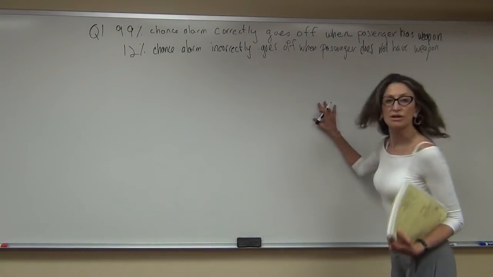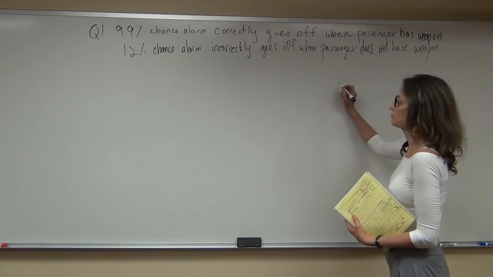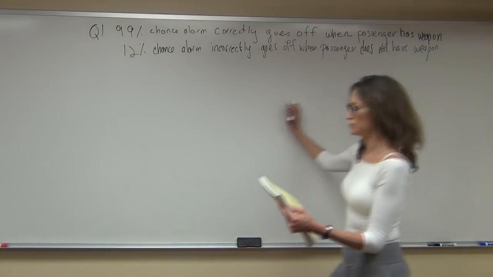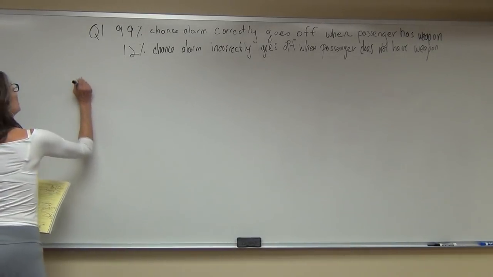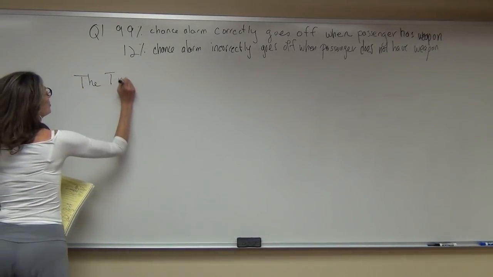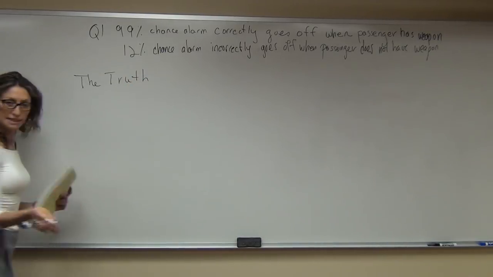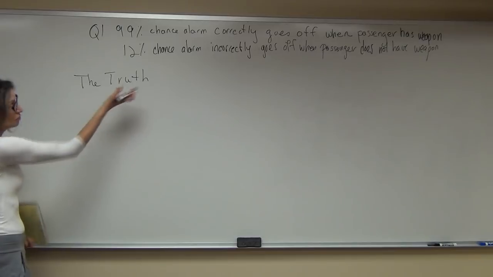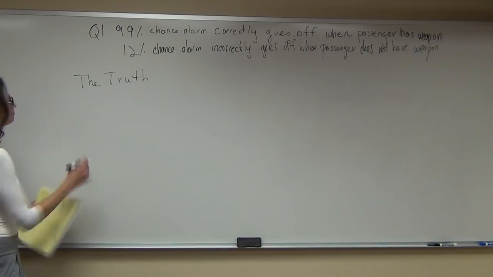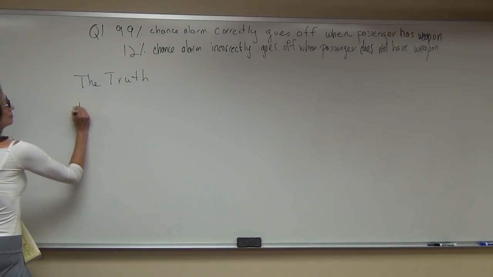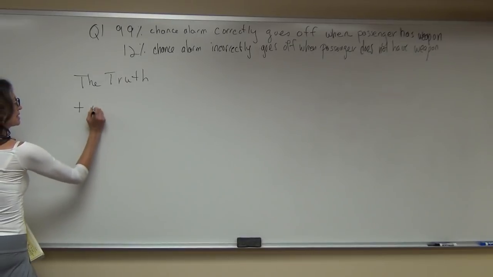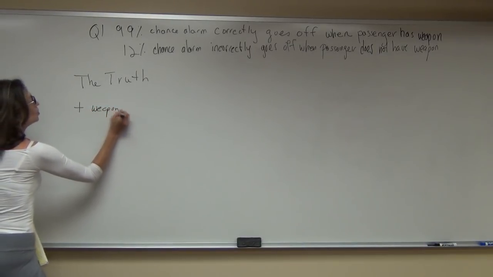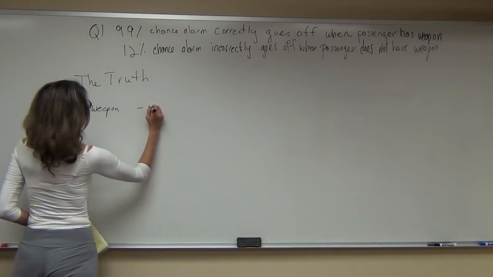So there's a truth right here, and the truth is either the person has a weapon or does not have a weapon. So I can say positive, has weapon, positive for weapon, or negative, no weapon.